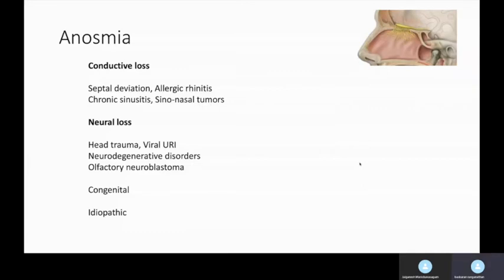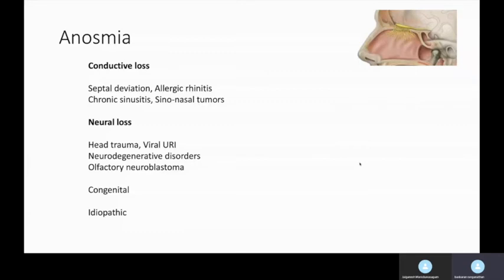The neural loss is because of disturbances within the receptors or in the olfactory nerve itself. So head trauma can cause a fracture in the cribriform plate, which can sever the nerve, or most commonly a recent viral upper respiratory tract infection, and the patient goes into hyposmia or anosmia.